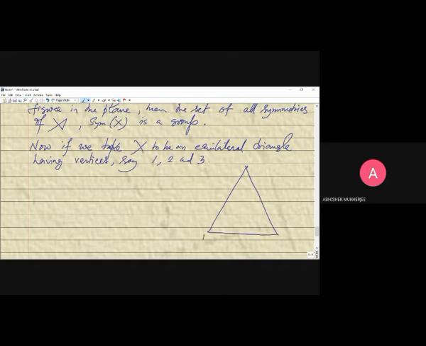It is 1, it is 2, it is 3. That is, X is the set of all points on the perimeter of the triangle. This is the perimeter, right?